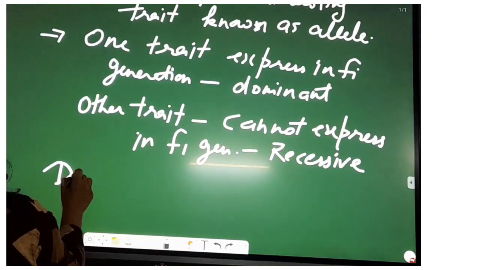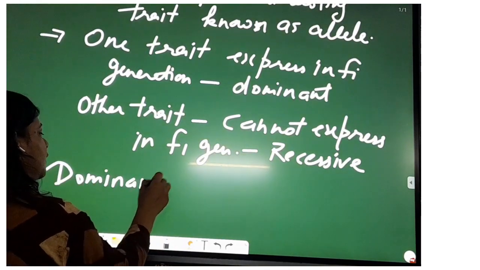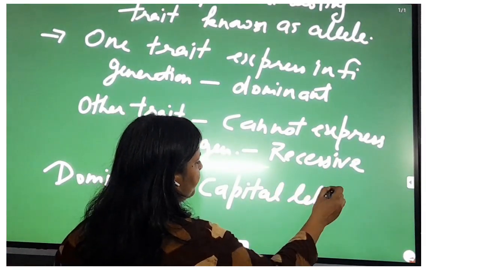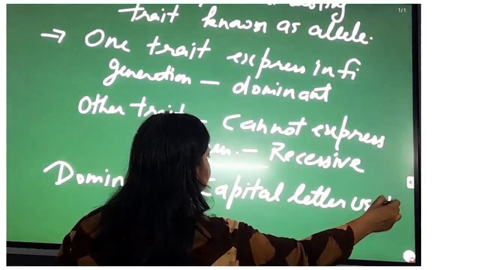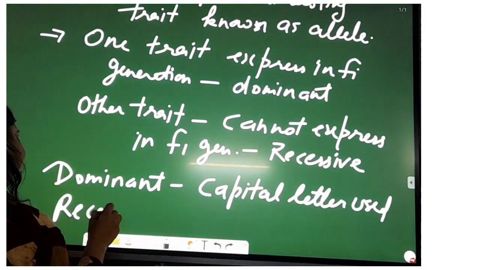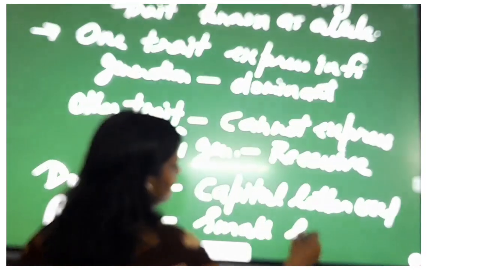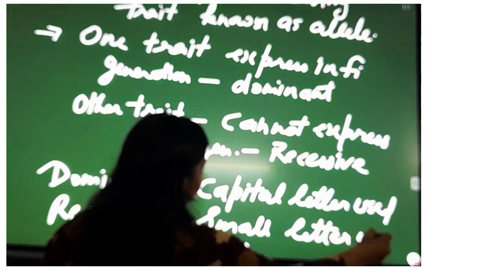For dominant, a capital letter is used, and for recessive, a small letter is used.